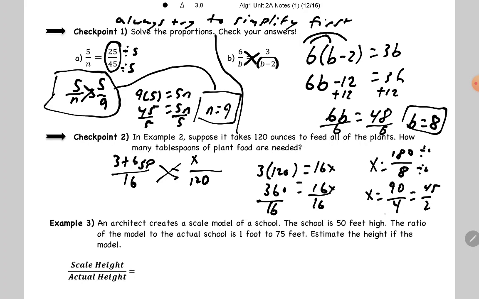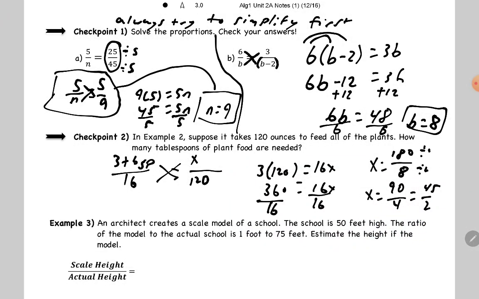So this is 22.5 tablespoons of plant food. So x equals 22.5 tablespoons of plant food.